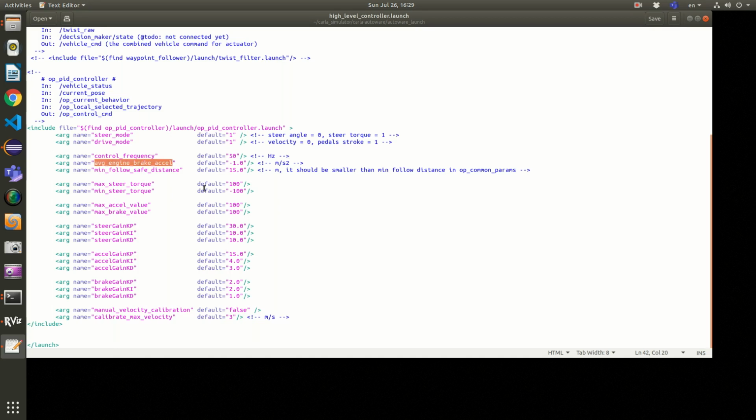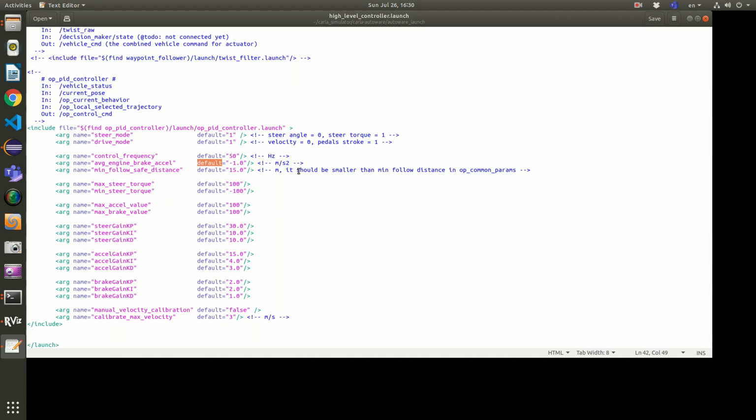Next parameter is the engine brake acceleration, which says if we release the acceleration pedal, how much deceleration we get from the engine brakes. This could be not only the engine brake of the vehicle, but also friction or drag from the wheels, motor, wind, whatever.